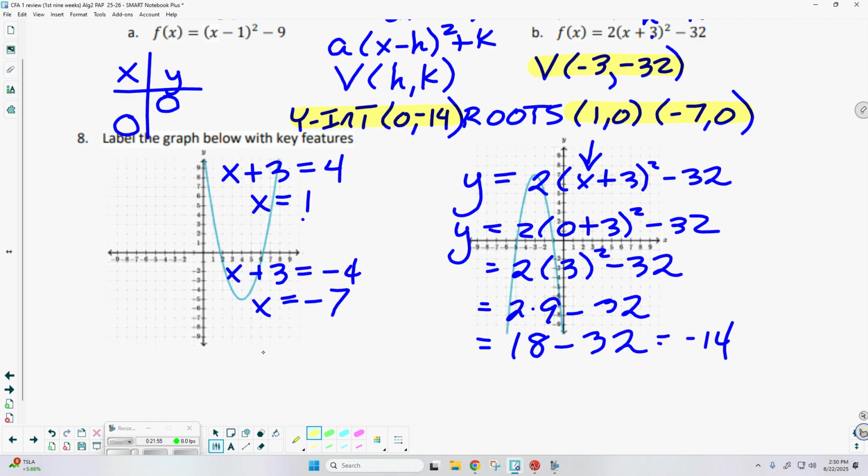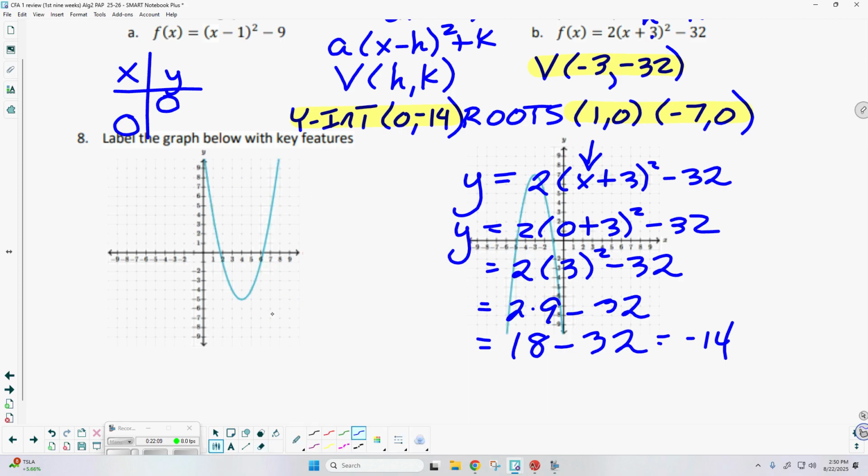Now remember, if we take this information and go down to, say, number 8 right here, where we're looking at these quadratics, it says label the graph below with your key features. So let's see what we have here. Now, this point right here, that's the vertex.